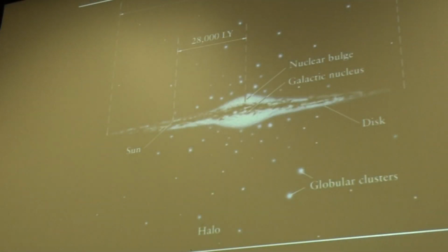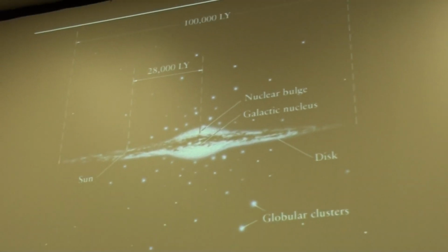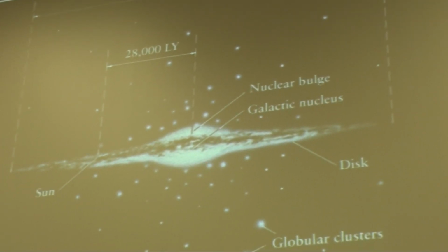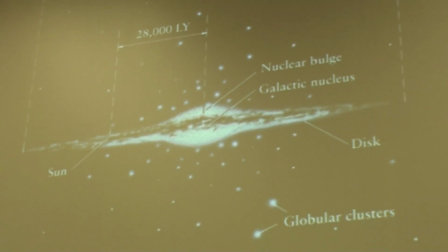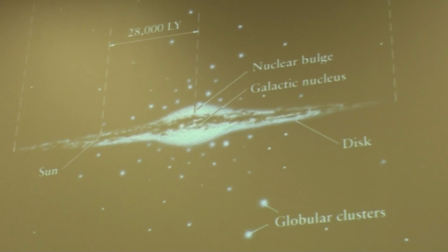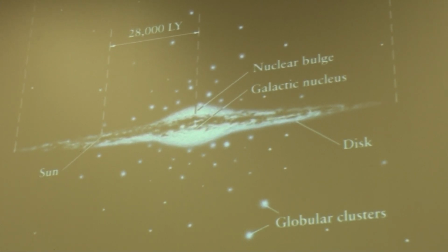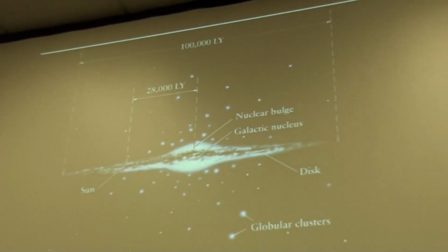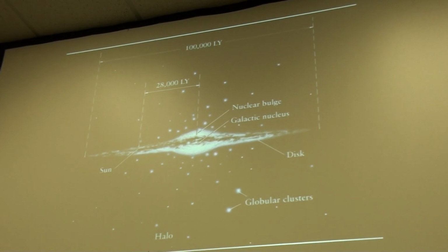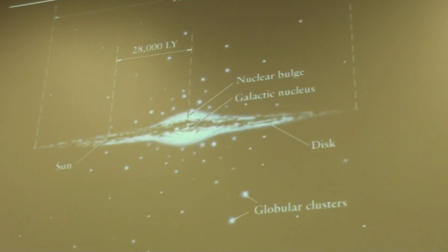All right, so here is a scale model of our galaxy. And so we can see, looking at it from a side view, that it's flat. Very much like our solar system is flat along the ecliptic plane. And so in the center we have the nucleus of the galaxy. And then looking at it from this side view, we have the galactic plane.